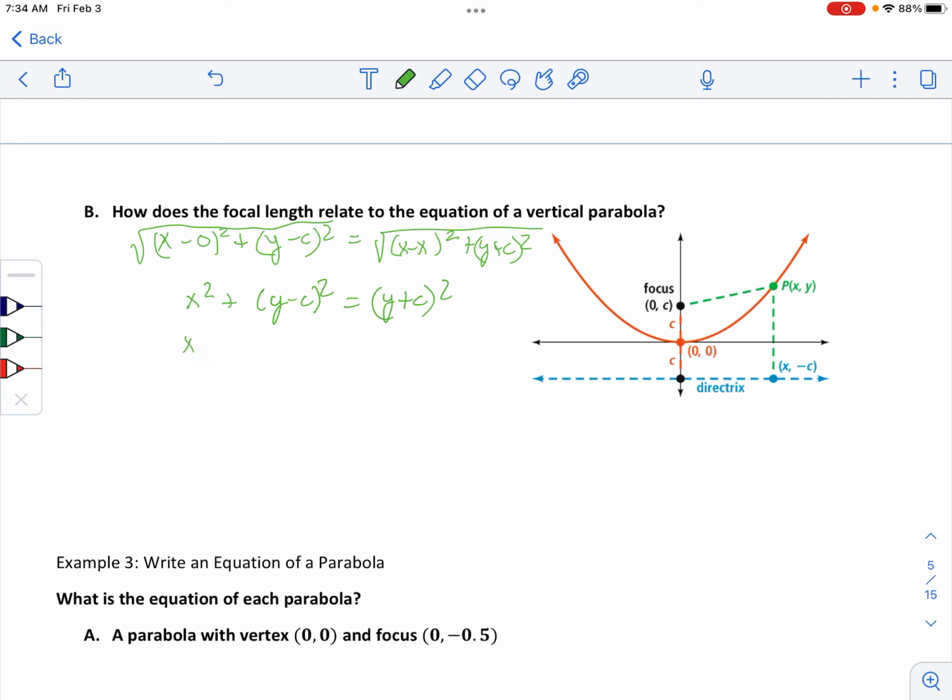At this point, if we multiply those out, that's x squared plus y squared minus 2cy plus c squared equals y squared plus 2cy plus c squared. Then we can subtract y squared, add 2cy, and subtract c squared from both sides.